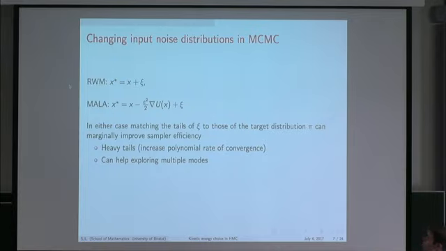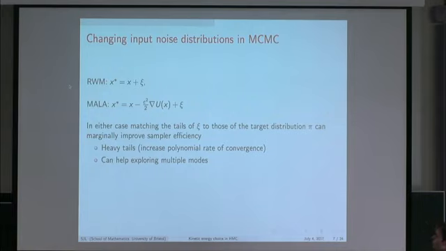It's pretty well understood that if you're sampling a distribution that has heavy tails, where there's a large probability space that you want to explore, then you might want to choose a heavier tailed proposal noise. The same holds for MALA, and the reason is that in both these cases, the proposal input noise interacts linearly with some deterministic function of the current point to get what you actually get in your proposal.